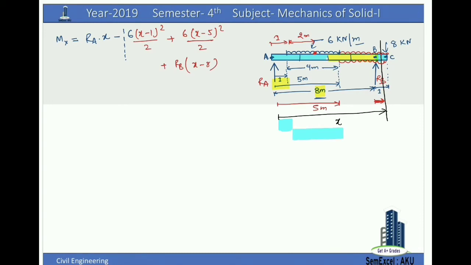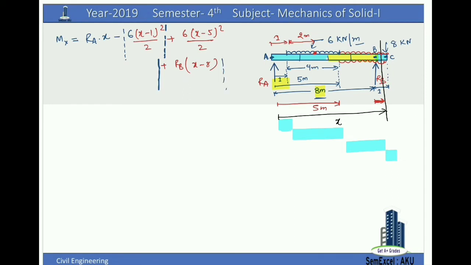Then you have to say the moment from the starting up to this point. Again, if somebody asks what is the moment between this region and this region, then it will be up to this part. And if somebody asks what is the moment in the last segment, then it will be from the starting point up to that last segment.